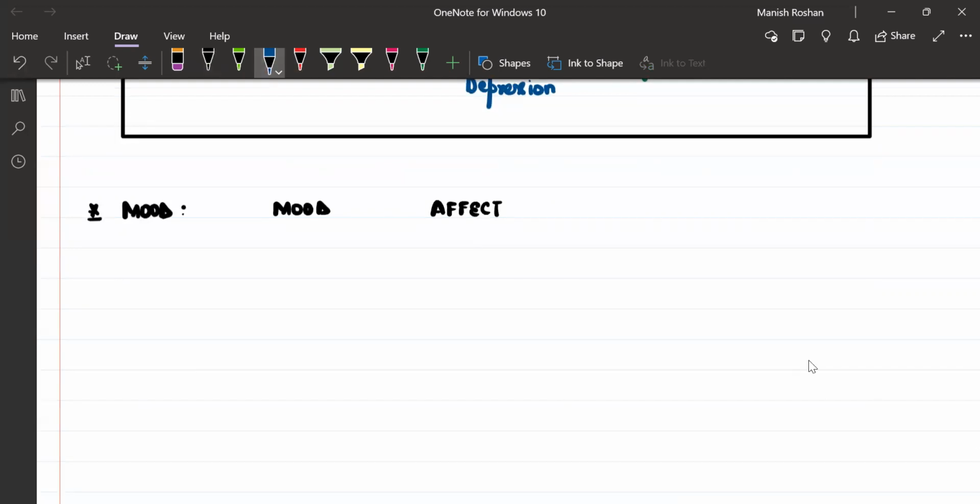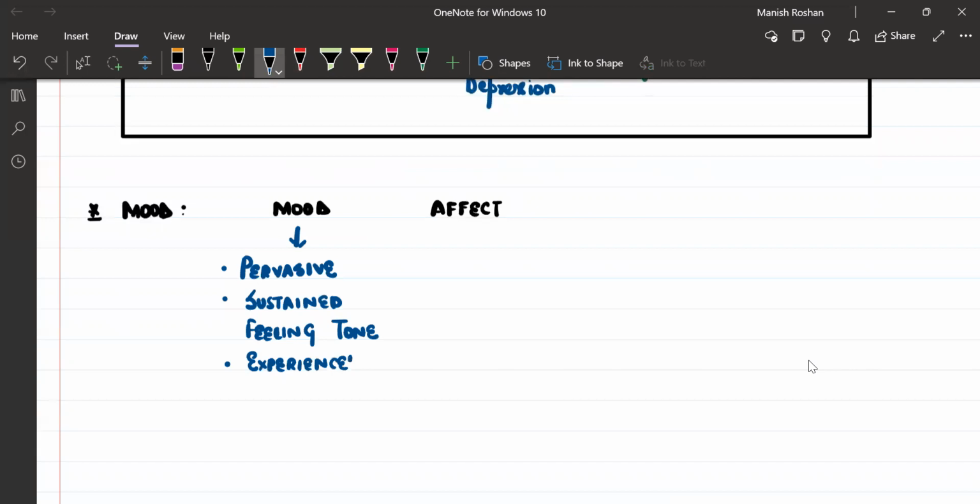While defining mood, there are some key pointers or core components of the definition: it is a pervasive, sustained feeling tone that is experienced internally.